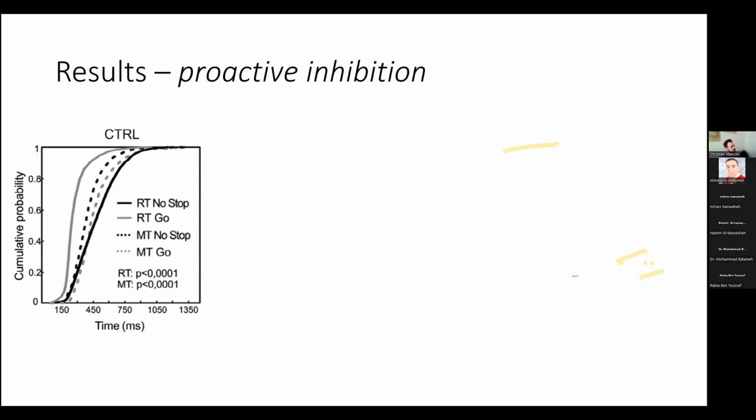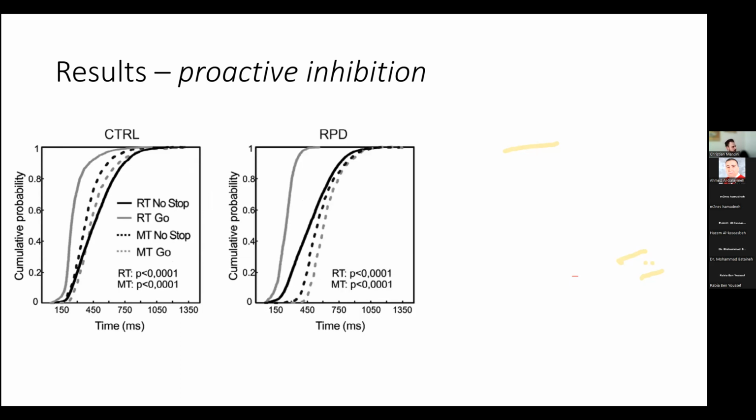Here again, some results about proactive inhibition. These are our patients. The dotted lines are again the movement times that are the most important part of proactive inhibition.